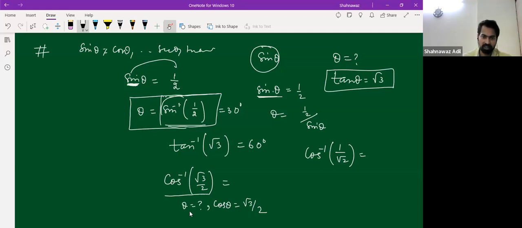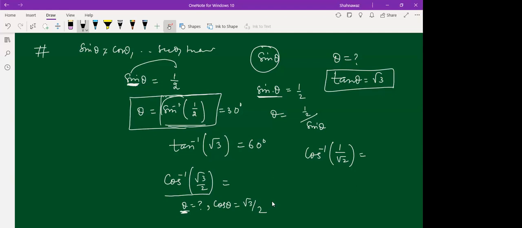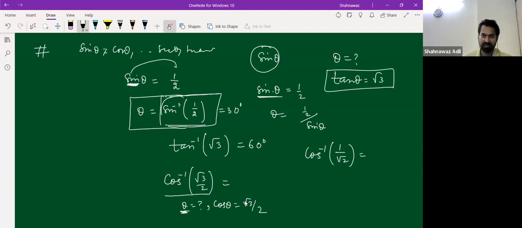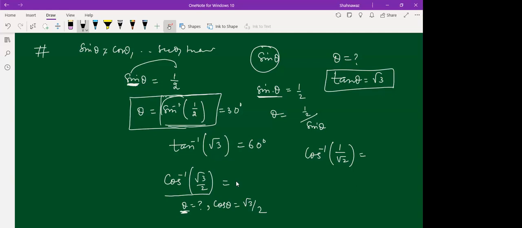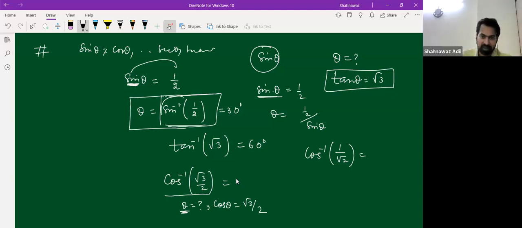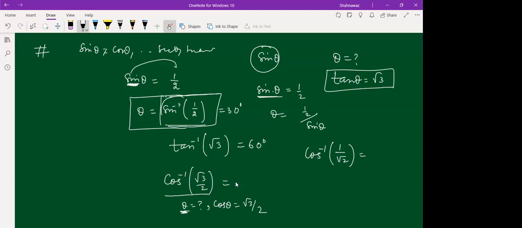What is that value of theta? Is it 45, or is it 30 as Afaf is saying in the background? So Nabila, understand? So this would be 30, not 45. And what would be this value?